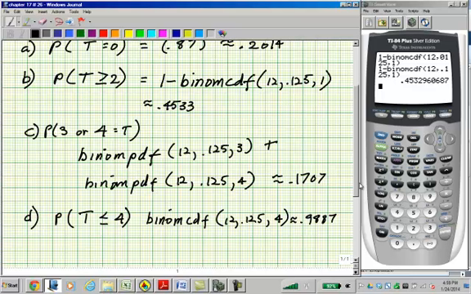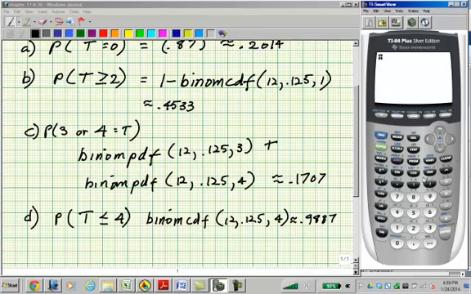So it would be second, and then vars, binom PDF, comma 3.